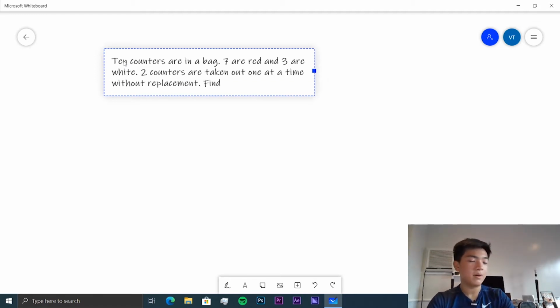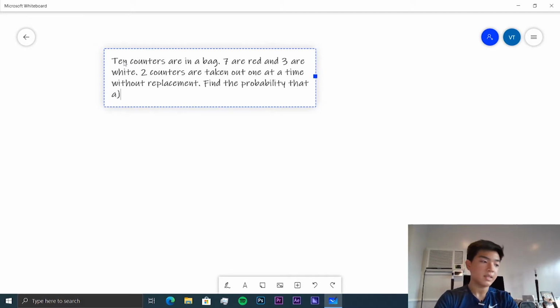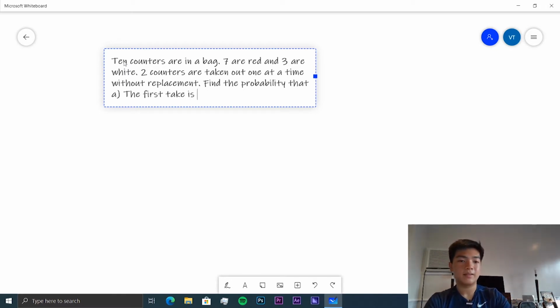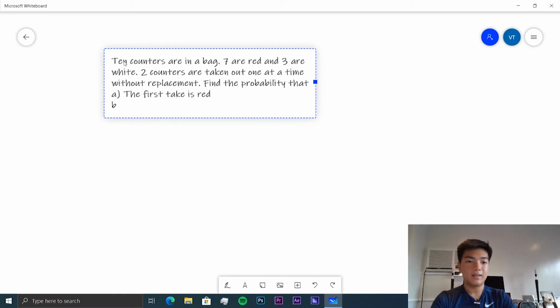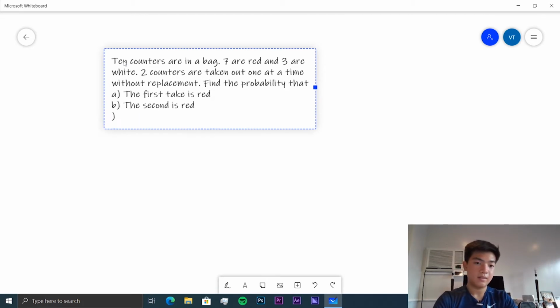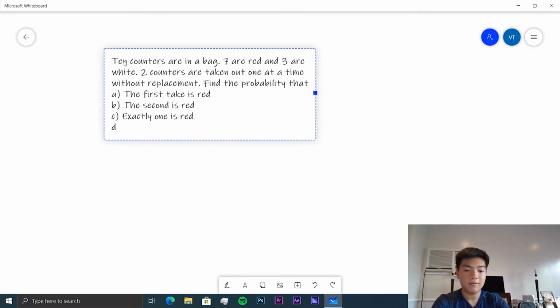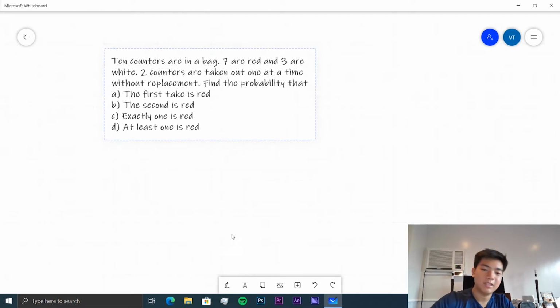Find the probability that the first taken is red, the second is red, exactly 1 is red, and finally at least 1 is red. So we can draw a tree diagram to help us out here.